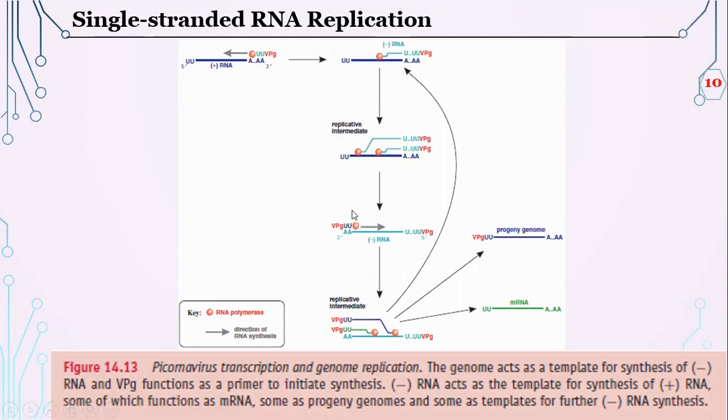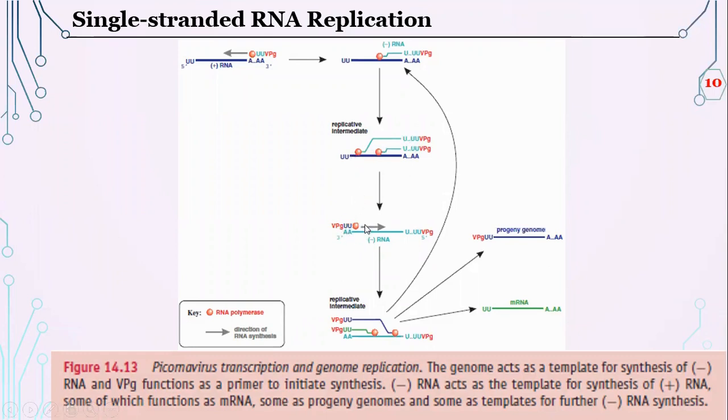Now the time for production of the blue color positive sense RNA is required. Now it will produce, and the VPG UU will bind there at the 3' end. Now this is the 3' end.